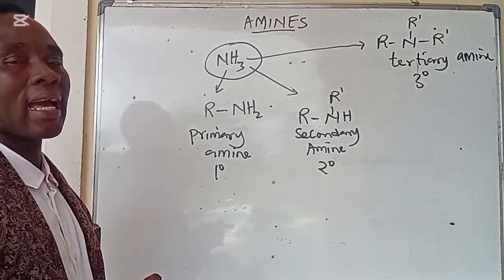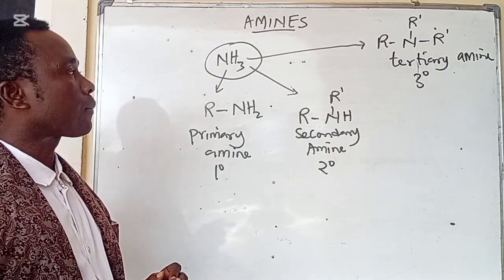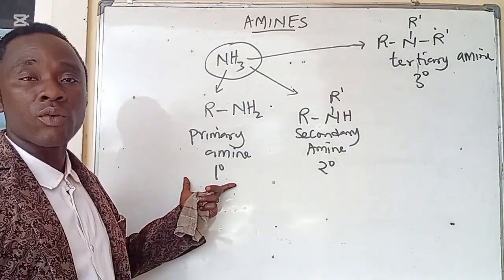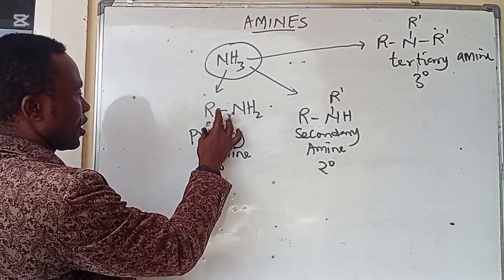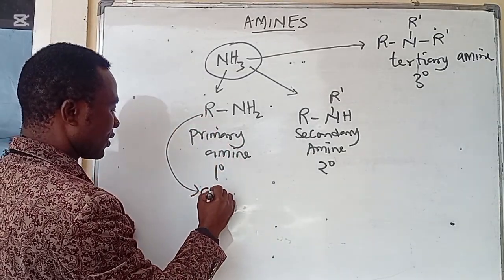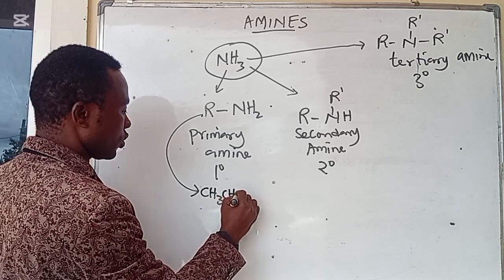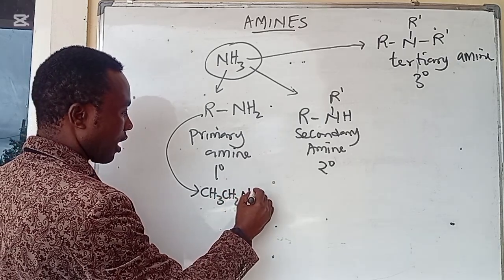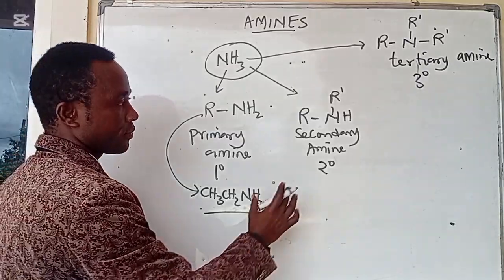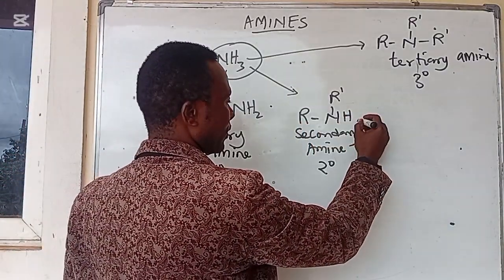The number of alkyl groups determines the type of amine. For example, we can take CH3CH2 as the alkyl group, so we have NH2. So this is what? Primary amine. Here we have two alkyl groups.